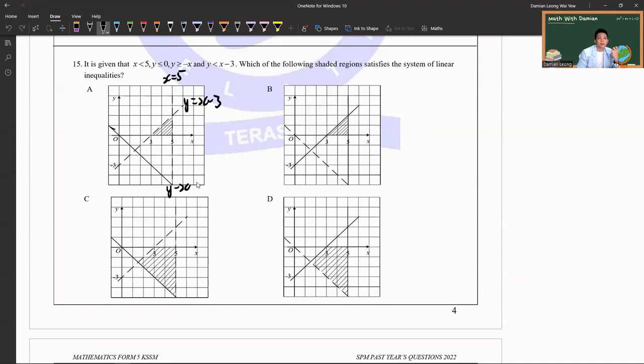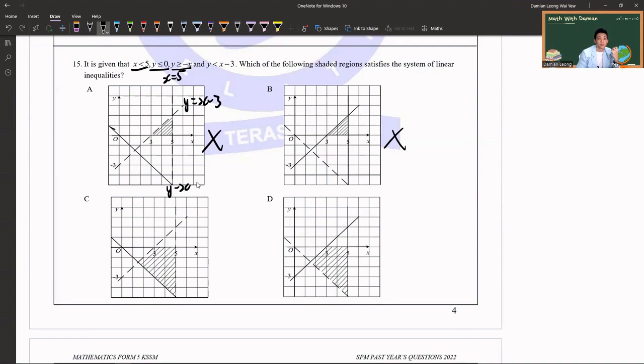So we look at the lines one by one. X less than 5 to the left, all of it follows. Y less or equals 0 below the x-axis, which A and B is not. Y more or equals negative x. Y equals negative x is this slanting line down. So that's equal and is more.